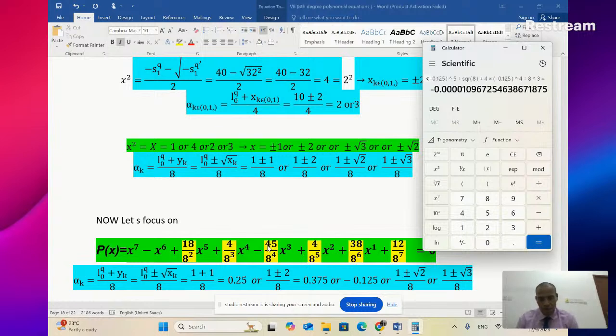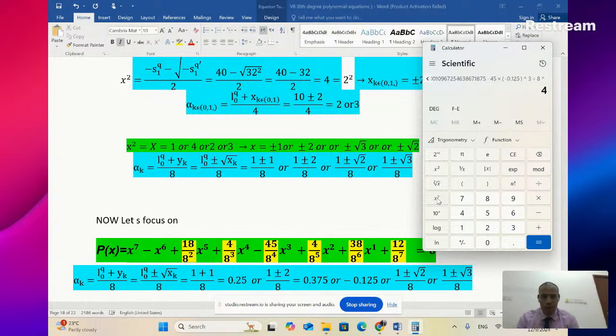Then we finish it. I will move to here. Minus 45 multiplied by, between parentheses, I will paste the root, close the parentheses, raise it to the power 3, divided by 8 raised to the power 4.